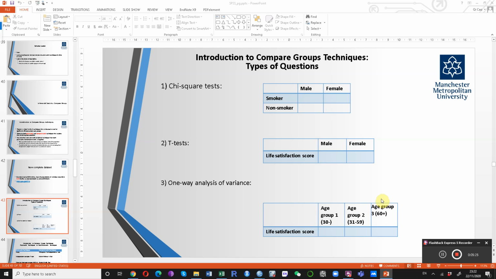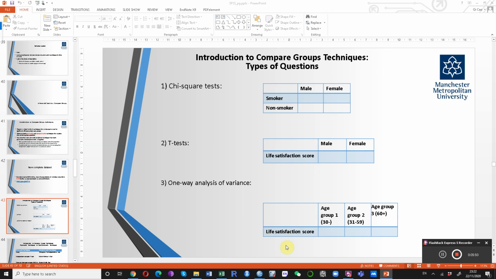Then for the dependent variable, that's where the difference comes in. For the first one, chi-square test, the dependent variable is categorical. For the t-test, the dependent variable is continuous. It's life satisfaction score. And for the one-way ANOVA, the dependent variable again is continuous, which is a life satisfaction score.